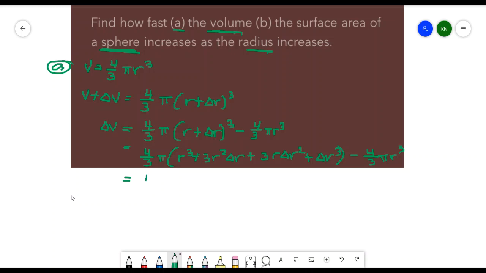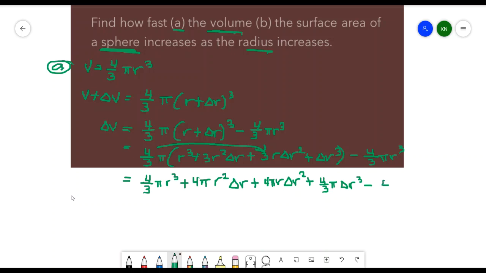So we have 4/3 pi r cubed plus 4/3 times 3, that is just 4 pi r squared delta r, plus this one, 4/3 times 3, that is also 4 pi r delta r squared, plus 4/3 pi delta r cubed minus 4/3 pi r cubed.